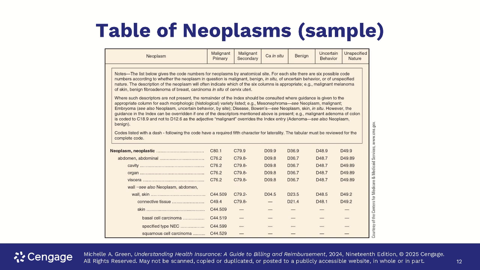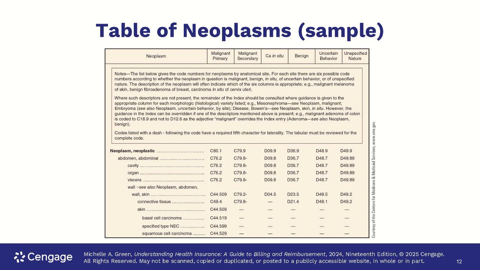So here is the table of neoplasms. And as you recall, the table of neoplasms has 6 columns. Those columns identify the type of neoplasm the patient has. So we have our malignant primary, malignant secondary, followed by carcinoma in situ, which means the cancer is confined to the point of origin.